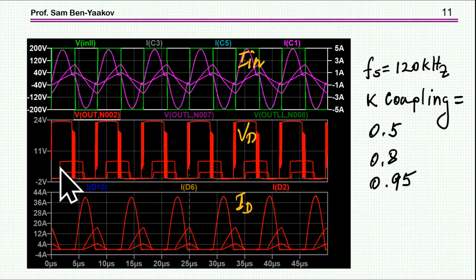But notice that it's exactly the same for the three, okay? So again, these are the three diodes. Each of these curves is three diodes superimposed, the voltages, and here are the three currents superimposed. So clearly, it doesn't matter which model you use, all of them, if the transformation is correct, will give you exactly the same results.